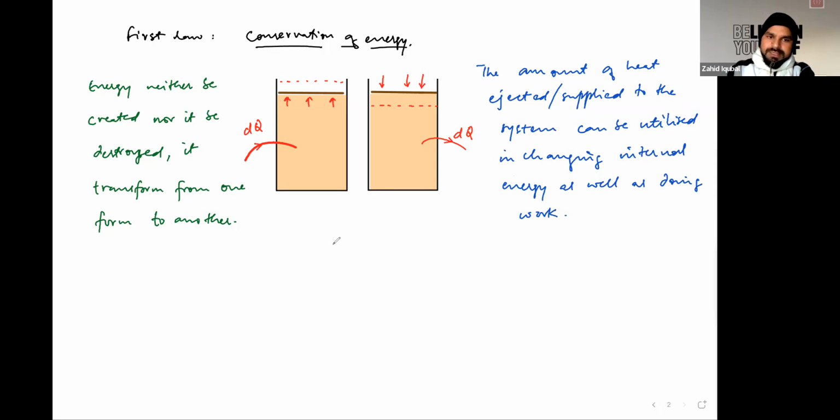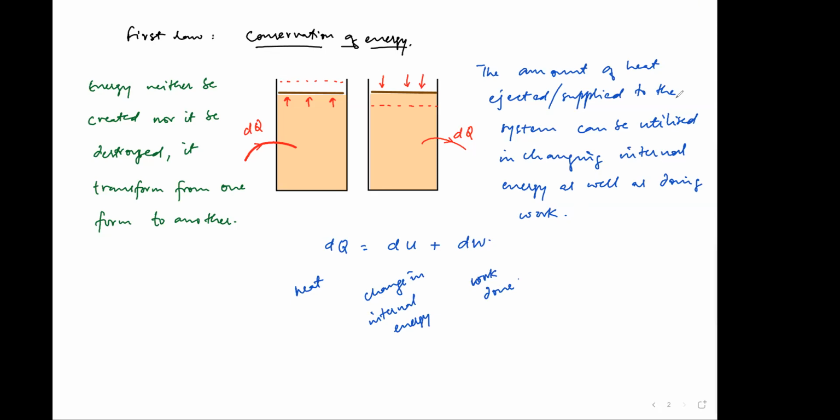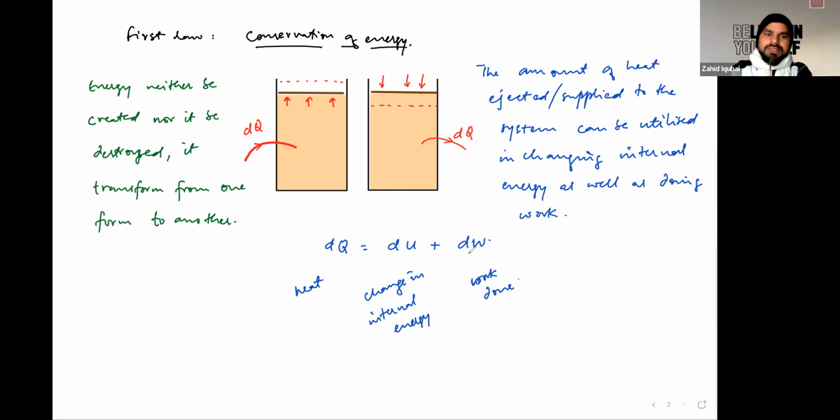So from this part, we can say dQ equals dU plus dW, where dQ is heat supplied or ejected, dU is change in internal energy, and dW is simply work done. Fatima, any doubt? No, sir. Okay, just write it down. Then I'm defining the properties of these three different terms.